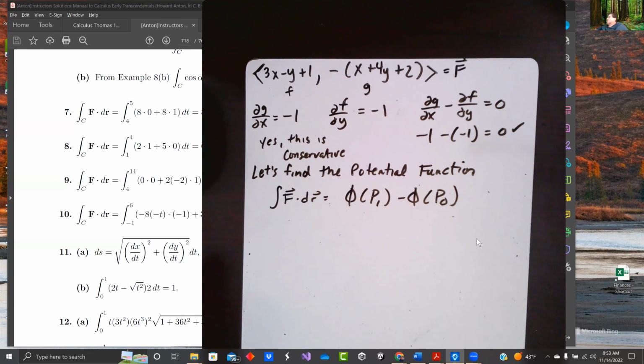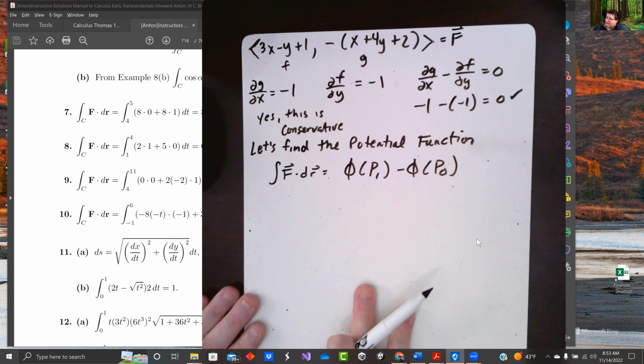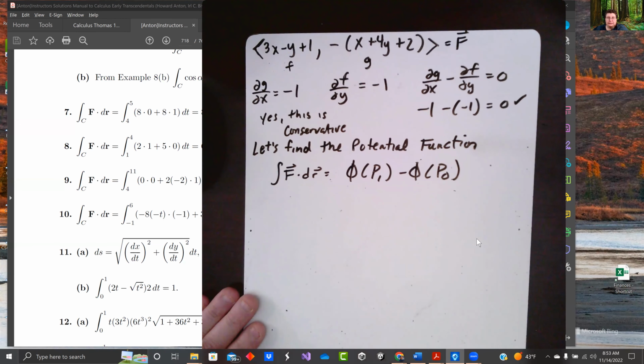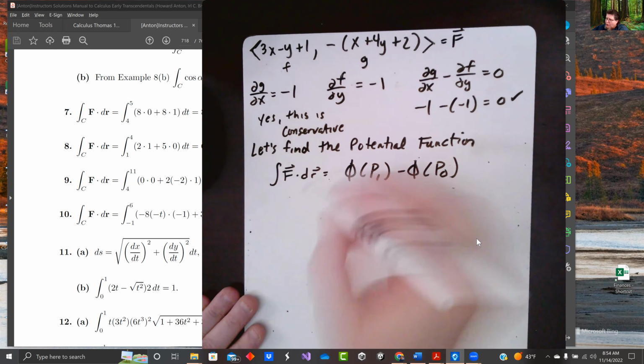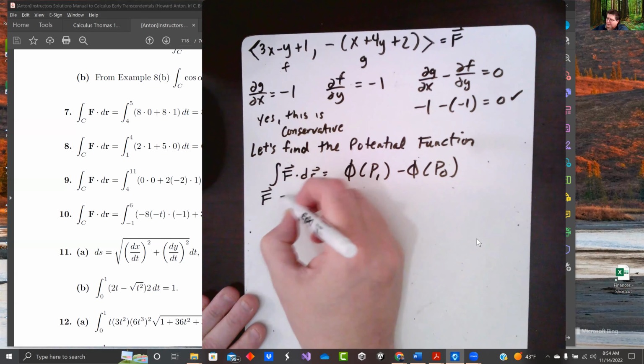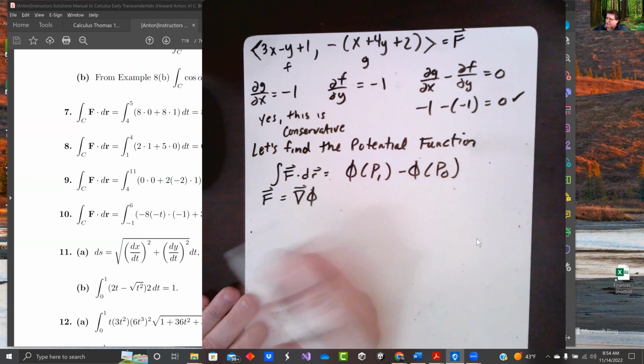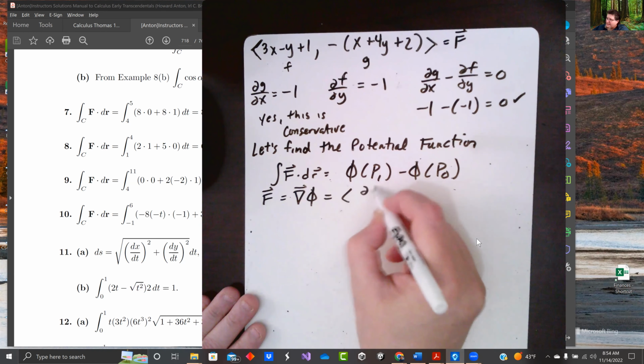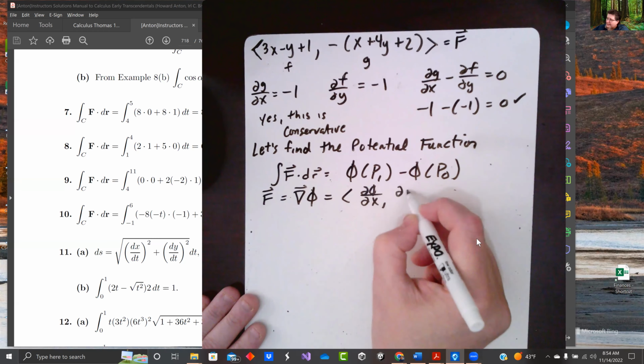But I don't think I have it in words, F dot dr. Let me make sure I'm giving it to you in the same format. Yeah, I did, F dot dr. Okay, good. So that's why finding the potential function is helpful, because it just solves the problem if we wanted to integrate this. So let's find the potential function. Recall, if F is a conservative field, it equals the gradient of some potential function, which is d phi/dx, d phi/dy in this case.